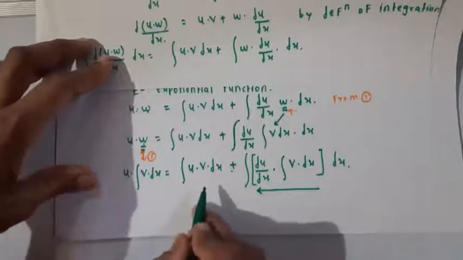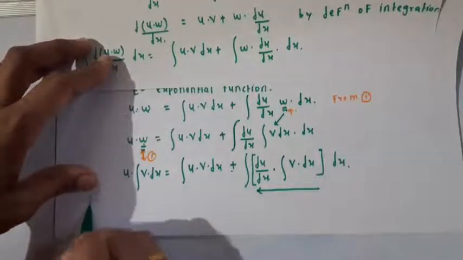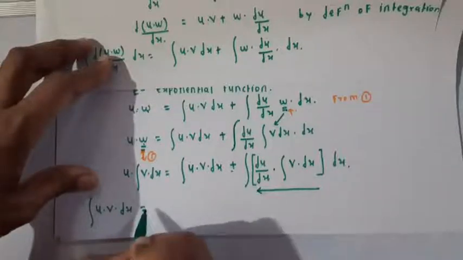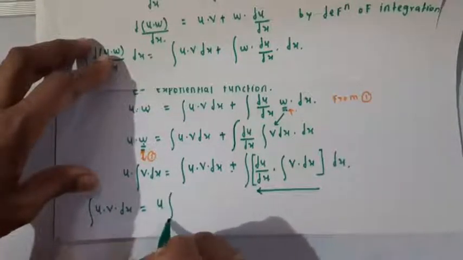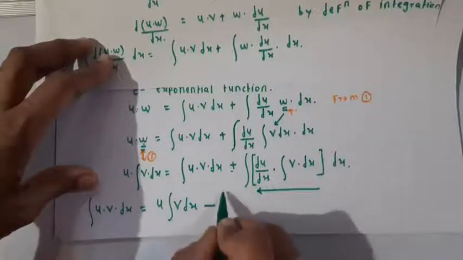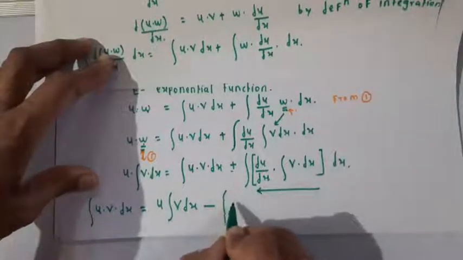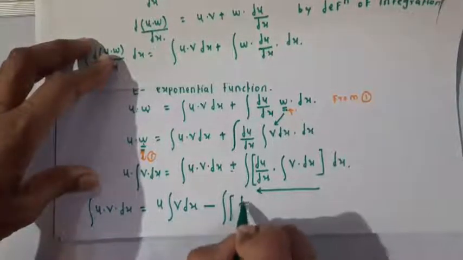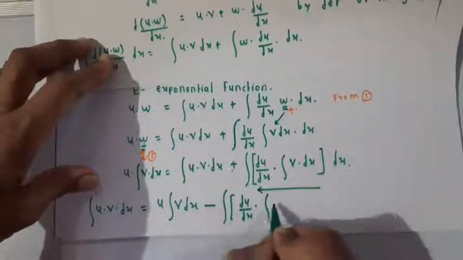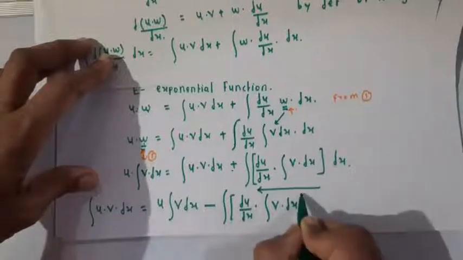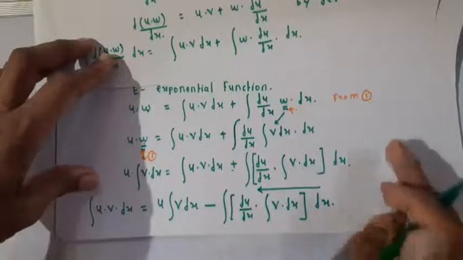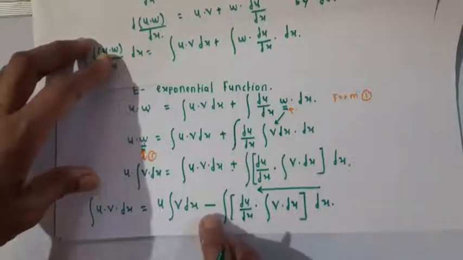You will get the term at this side, integration of u into v with respect to x equal to u integration of v with respect to x minus, that side the term becomes negative, that is minus du by dx, that is differentiation of u with respect to x into integration of v with respect to x and whole the function integrate with respect to x, and this is the by parts theorem.